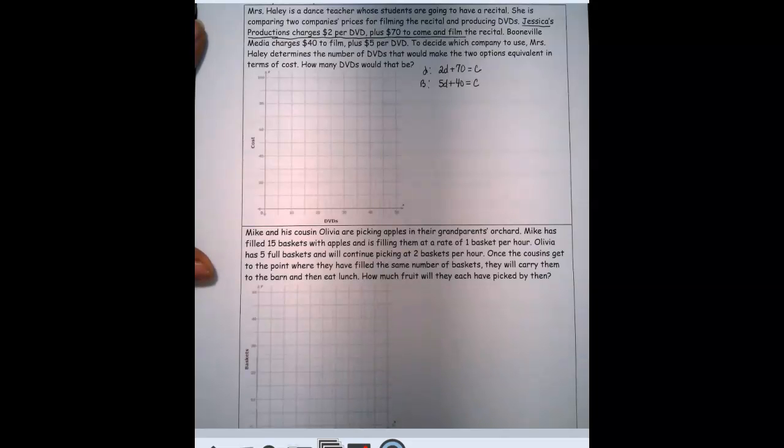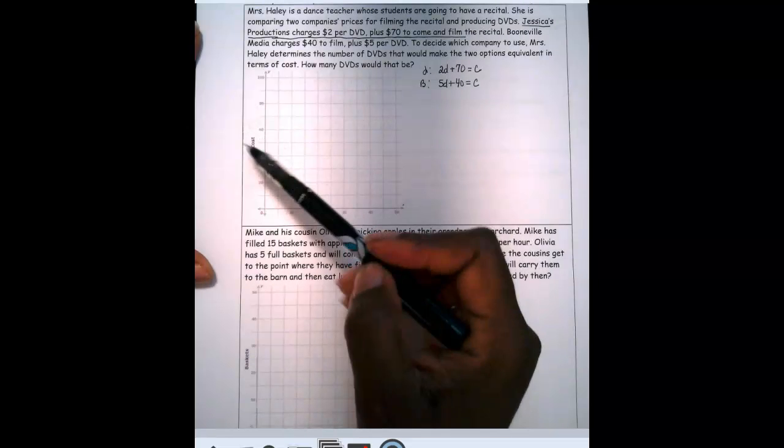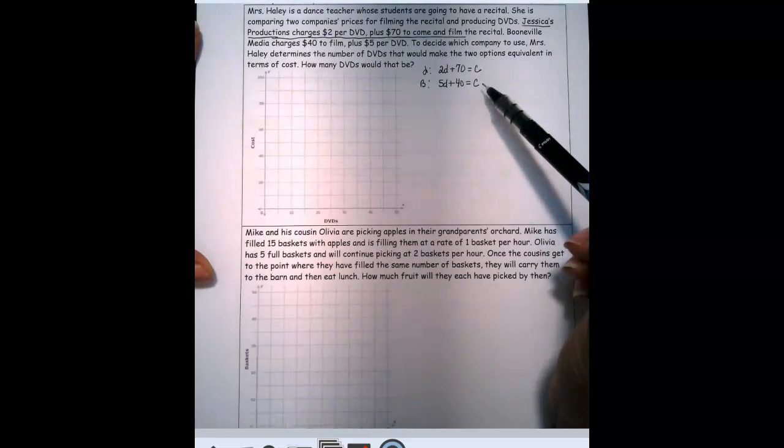So what I need you to think about is over here, notice how you have cost on your y-axis and DVDs on your x-axis. Now notice how I've set this up, according to what was on the x-axis, DVDs, and what was on the y-axis, cost. Now, you could do this a couple of ways.